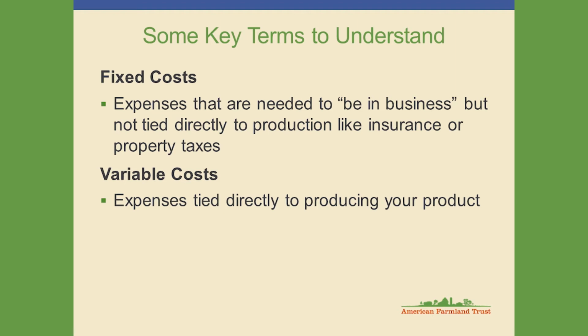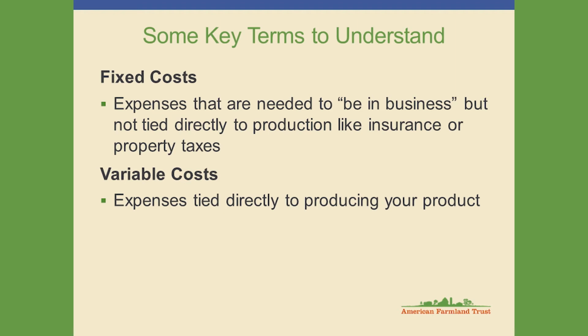Things like insurance, property taxes, management salary, office supplies, the phone bill, those kinds of things are generally considered fixed expenses. Your interest that you're paying on loans, those expenses are going to be there, and they're going to probably be the same regardless of whether you produce 1 bushel of crops or 100 bushels of crops. They tend not to change with your production very much.